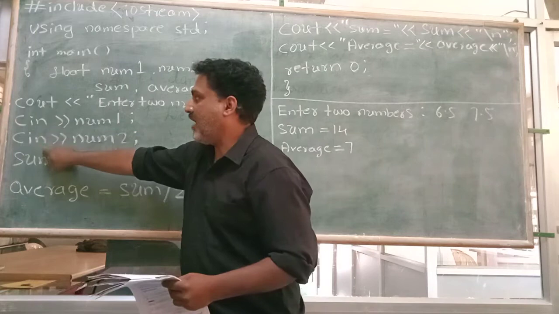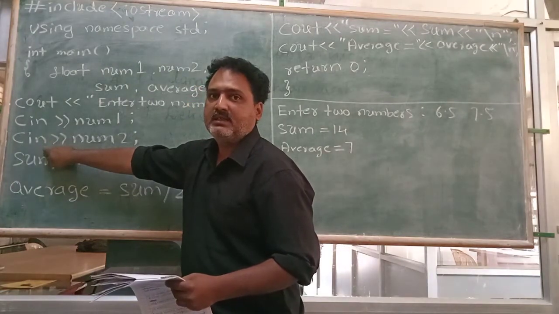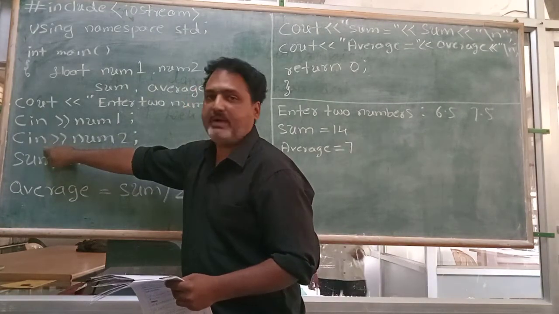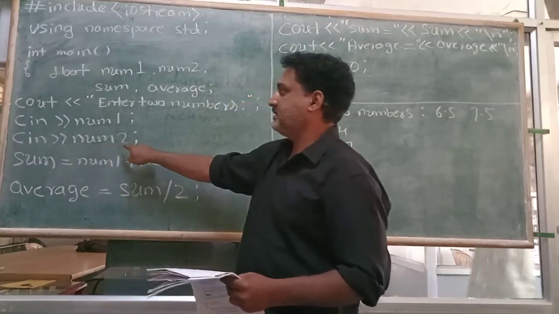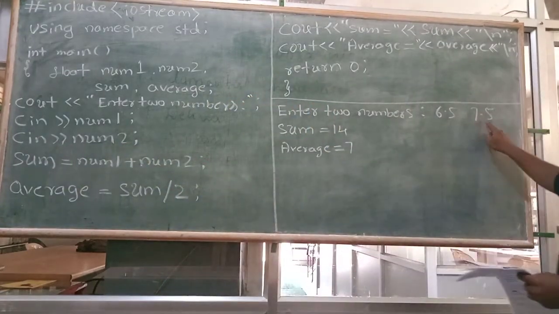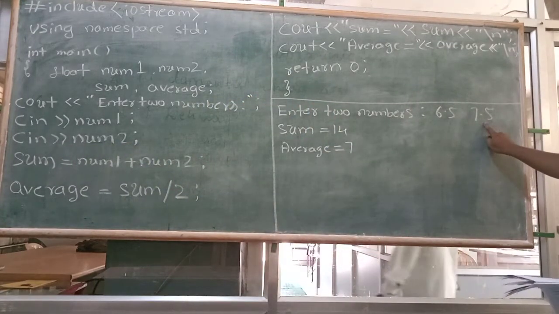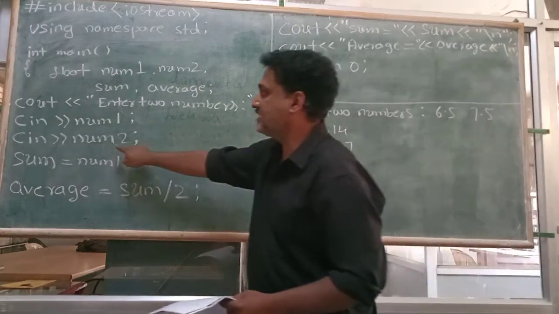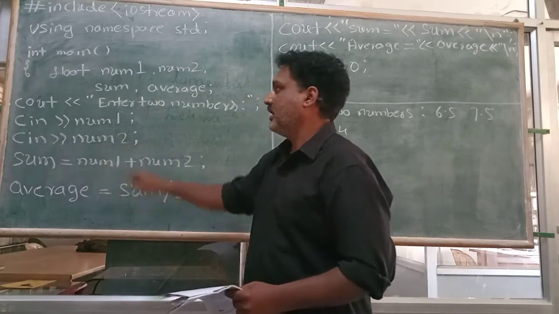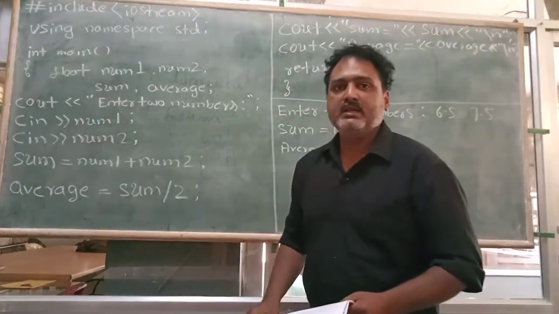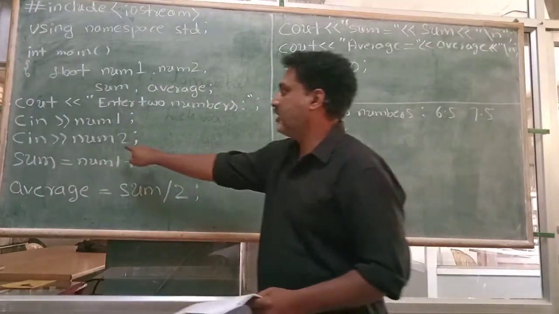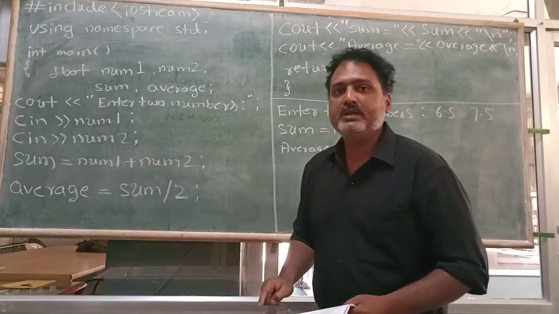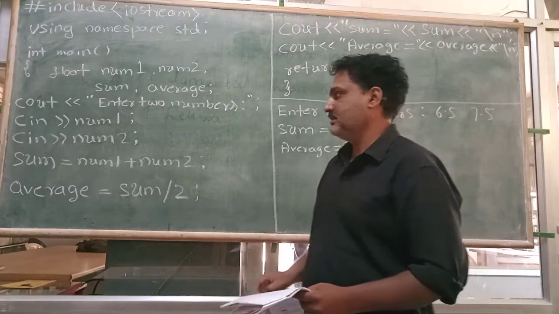After this cin statement executes, it is asking for another number. We have entered 7.5. This 7.5 is stored in num2. Now num1 is containing 6.5, num2 is containing 7.5.